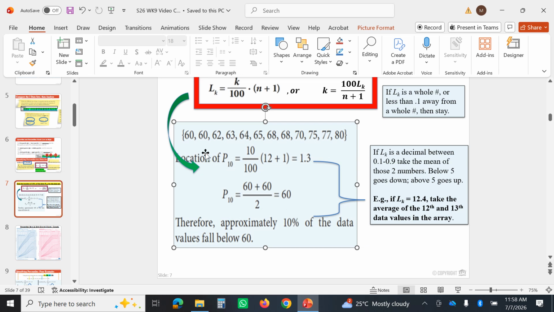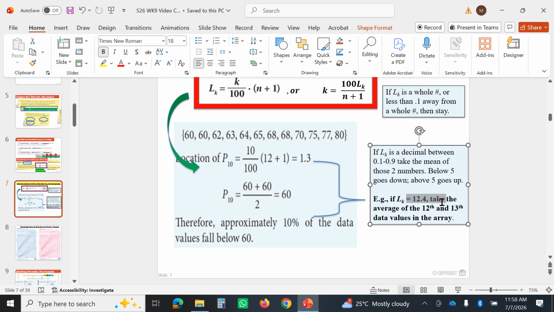And again, if LK is equal to 12.4, take the average. What this is telling you is that this particular percentage, just like this one here, falls in between data values, because it's the first position plus a little extra. So that's why you have to do this.